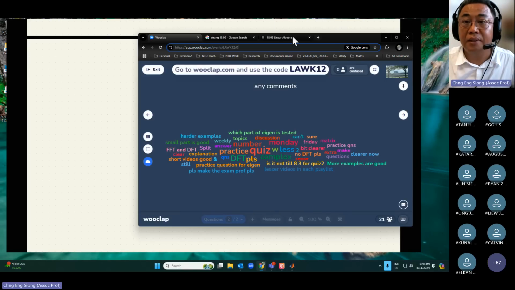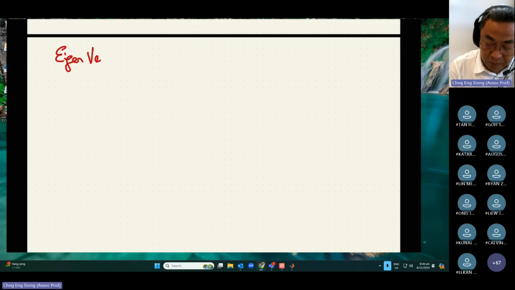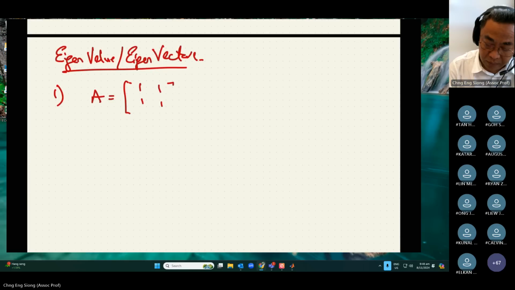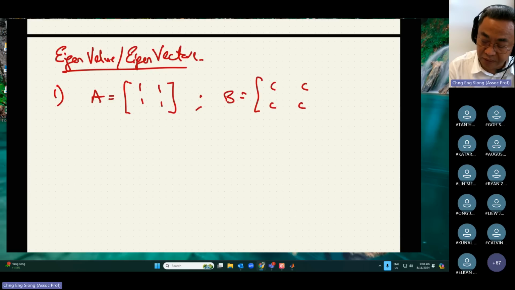Okay, let's do this. So now we are reaching the last topic, eigenvalues and eigenvectors. A equals [[1, 1], [1, 1]]. B equals [[c, c], [c, c]], where c belongs to the reals.